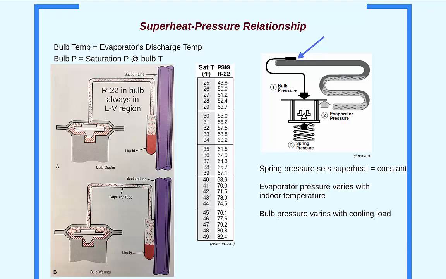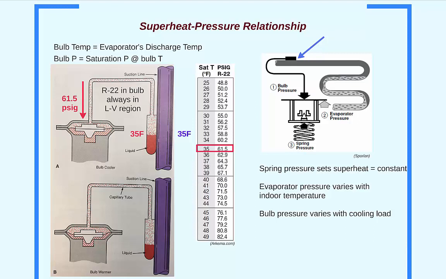Because the sensing bulb is in direct contact with the evaporator at its discharge, the thermostatic charge is also 35 degrees. Looking at the tables, we can see that a saturation temperature of 35 degrees corresponds to a refrigerant pressure of 61.5 psi gauge. This bulb pressure is exerted on the diaphragm back at the thermostatic expansion valve.